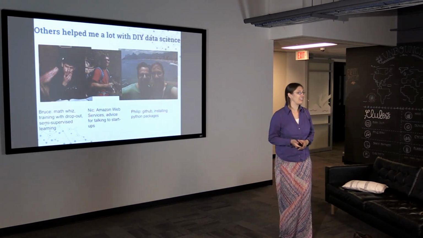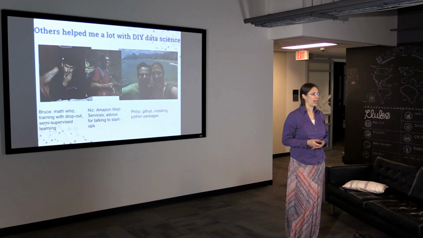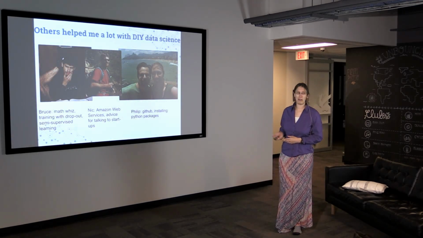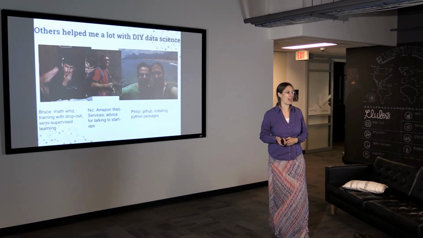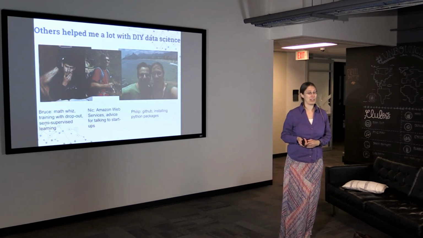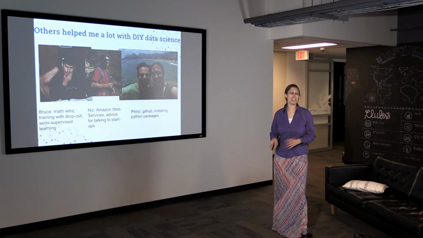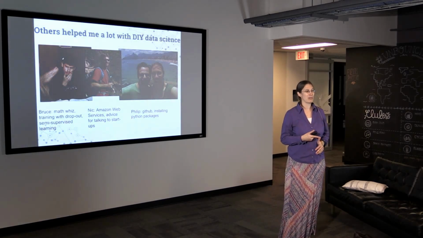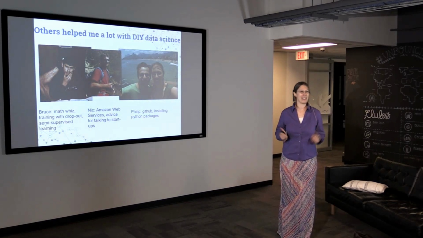I also want to say that I didn't do data science by myself. I had a lot of help, mainly from these 3 people. Bruce, who I went to undergrad with, decided to go back and do a master's in machine learning and natural language processing, and he's really good at math. So anytime I had anything to talk about natural language processing or just math, he was always there to chat.